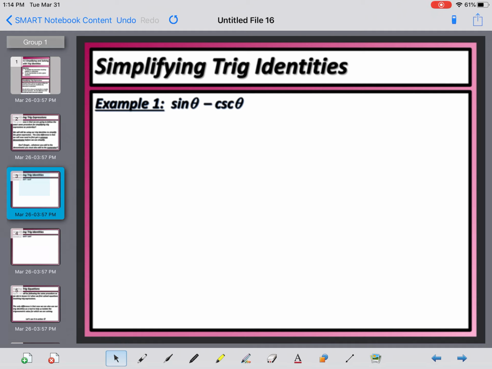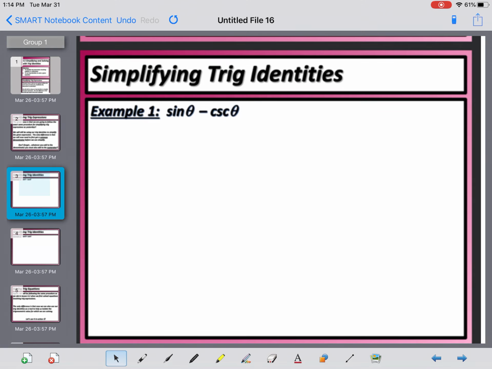So looking at this one, sine minus cosecant, there's no need for a common denominator the way that it's written. However, if I change cosecant to its reciprocal identity, cosecant is 1 over sine.